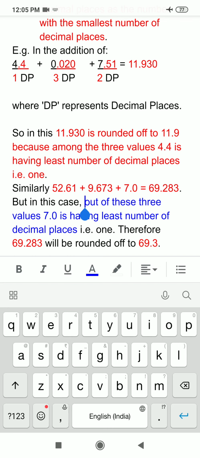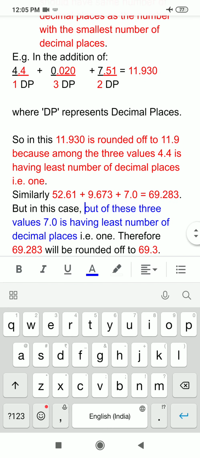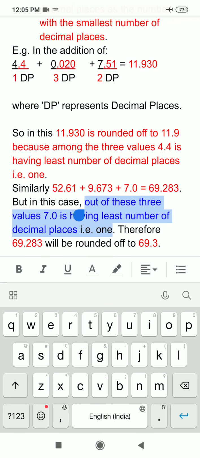Out of these 3, 7 is having the least number of decimal places, that is only 1.